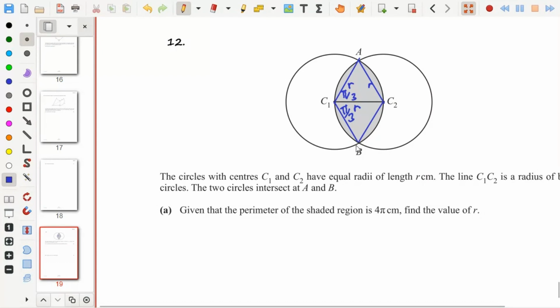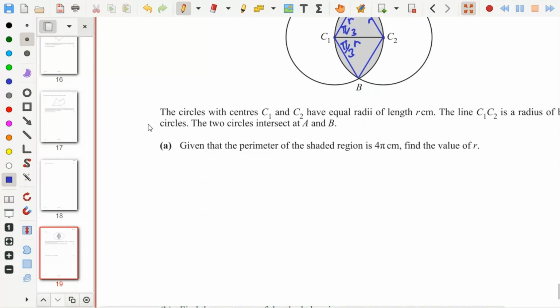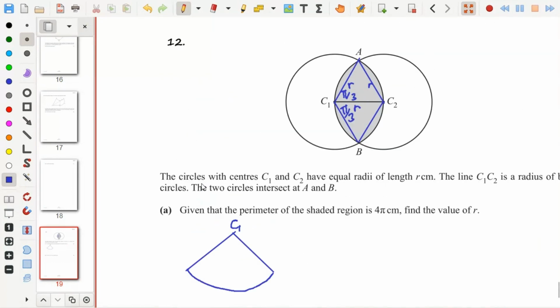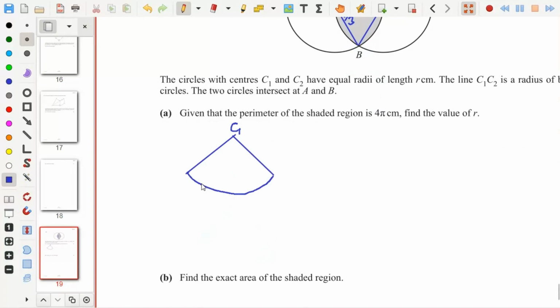Okay. So basically, what I've done is that I have something like this. My sketch is not that bad. So C1, then I have AB or BA.